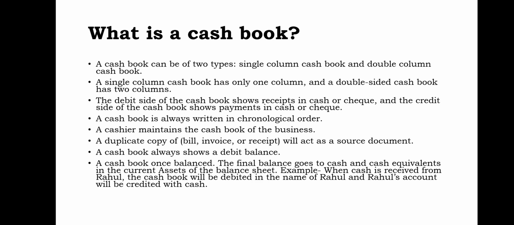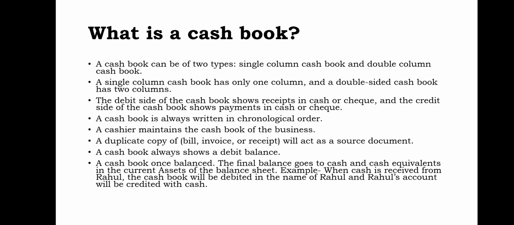Now, one more interesting question that comes to our mind is, when we balance a cash book, where does that balance go? That balance goes in the balance sheet. But under which head? We will put it under the heading of cash and cash equivalent in the heading of current assets in the balance sheet.